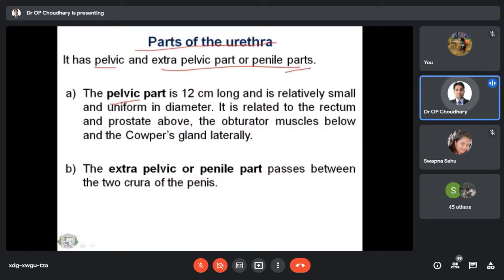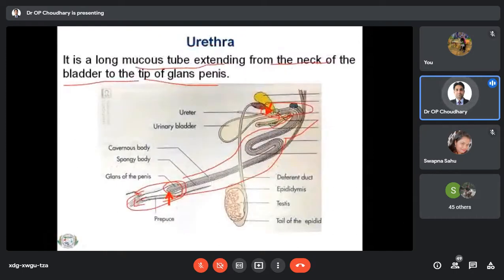The pelvic part is smaller, only 12 centimeter long and uniform in diameter. It is related to the rectum and prostate above. You can see here this part of the urethra, because the rectum will be here. So this pelvic part of the urethra is related dorsally to the rectum and the prostate gland.